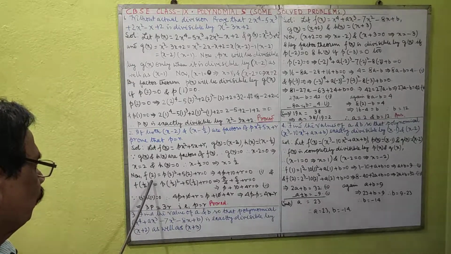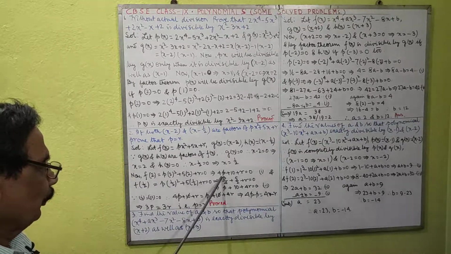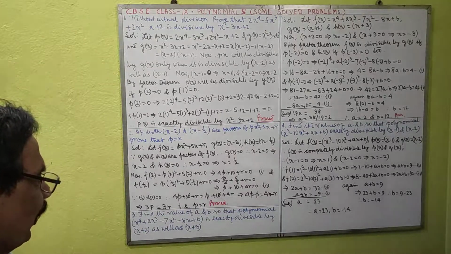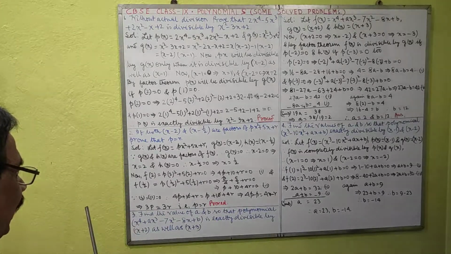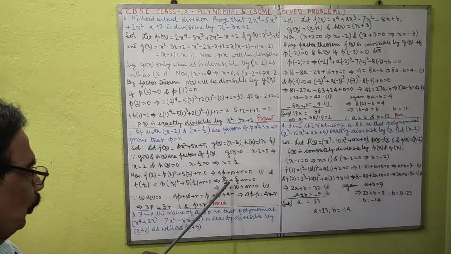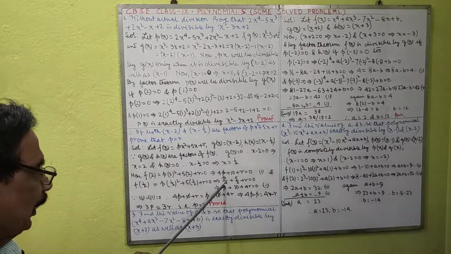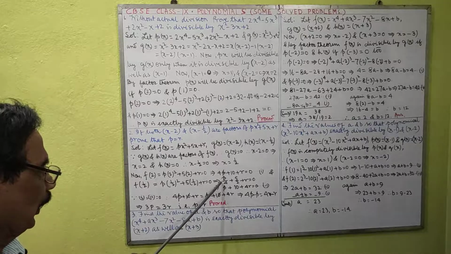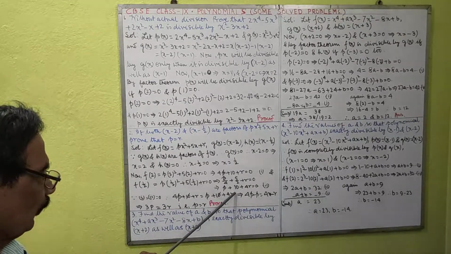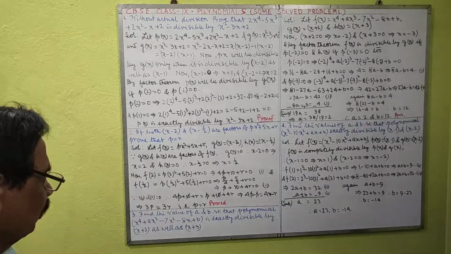Now f(2), putting the value of x as 2, we get 4p + 10 + r = 0, and f(1/2) = p/4 + 5/2 + r = 0. By multiplying this one with 4, we get p + 10 + 4r = 0.